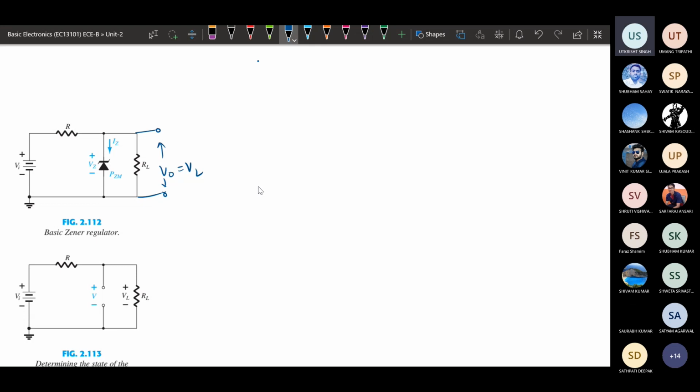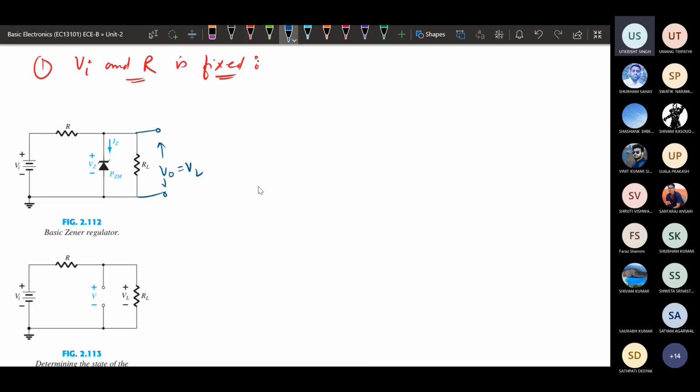So the first case we are going to analyze is where VI, the input voltage, and the resistance R, the limiting resistance, are fixed. If these two values are fixed, then how can we analyze this circuit?